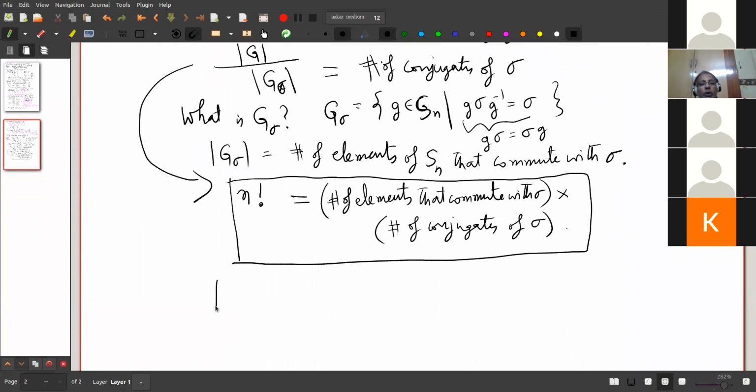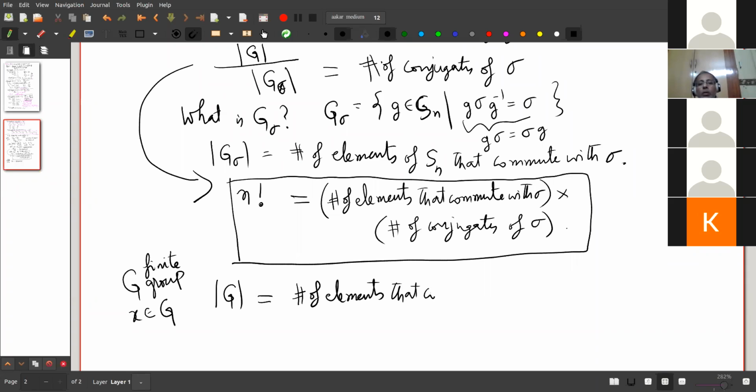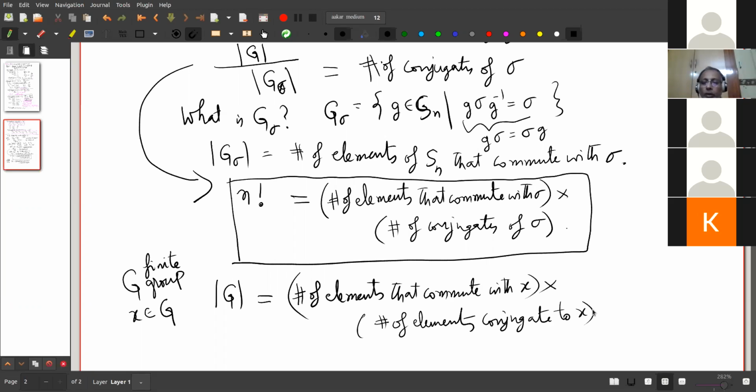G is a group and X is any element of G. Then the cardinality of G, let's say G is a finite group, is the number of elements that commute with X times the number of elements that are conjugate to X, which is, in other words, the cardinality of the conjugacy class. It's actually true also in the infinite case if you appropriately interpret things, but never mind.